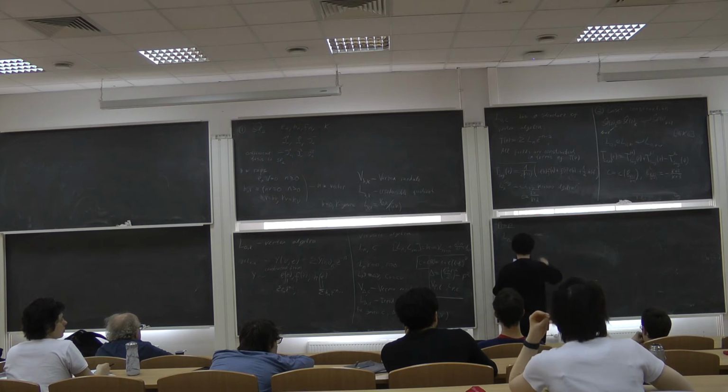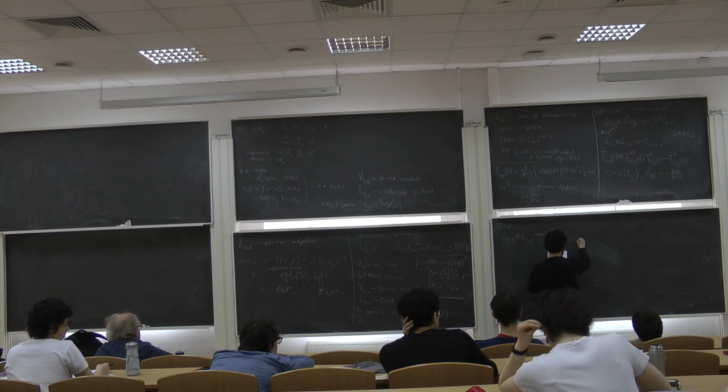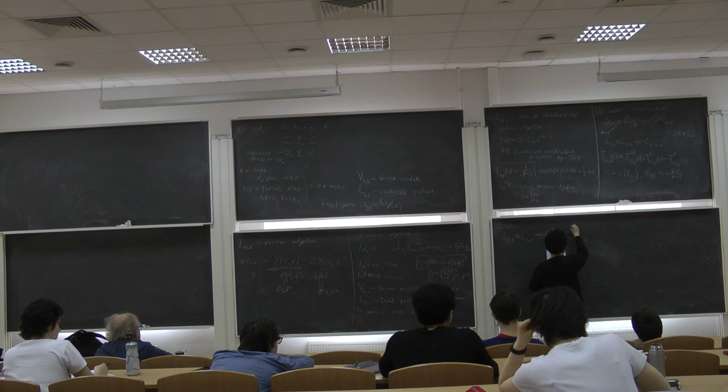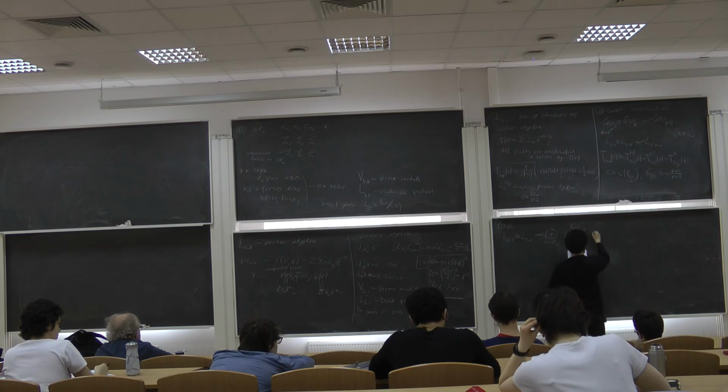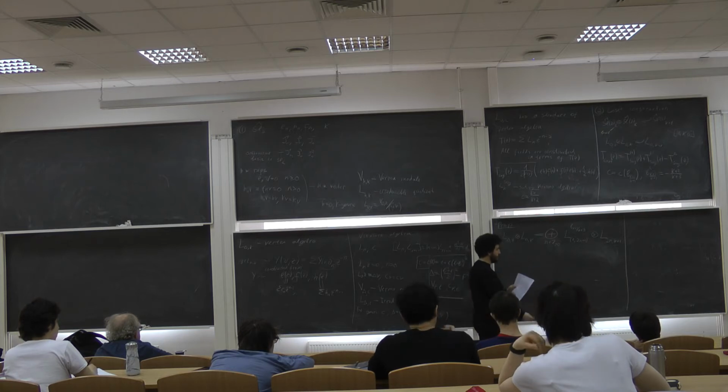And the answer is it will be the direct sum over integer. So here I'll use one more notation, which I'm going to explain. I denote all irreducible representations by the letter L.